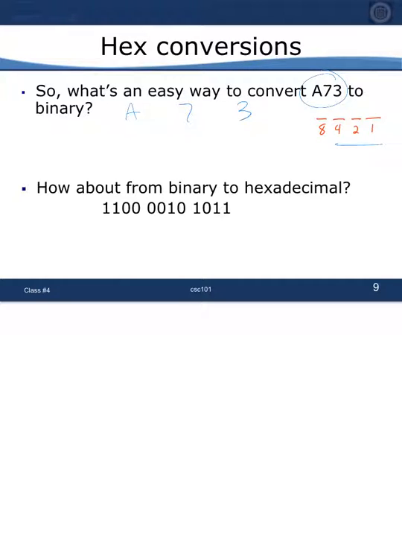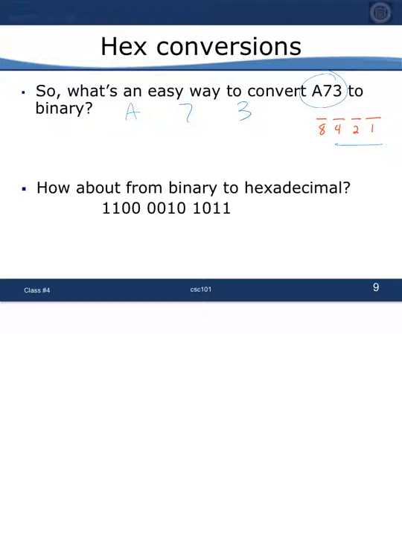The nice thing about hex is that since the place values are so compatible, you don't have to go through a big construction where I convert this to base 10 and then to binary. You can go directly back and forth just by considering what each hex digit translates to in binary.